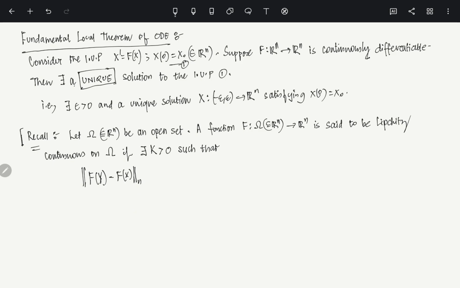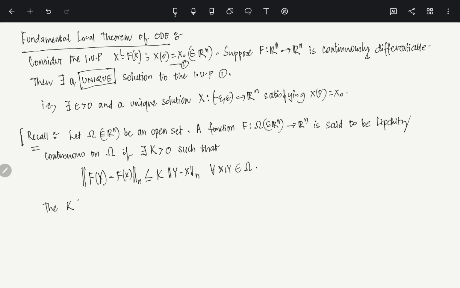Okay, so that will always be dominated by constant times norm of y minus x. So again y minus x is in Rn, so this is also the Rn norm. This should hold for all x, y in omega.